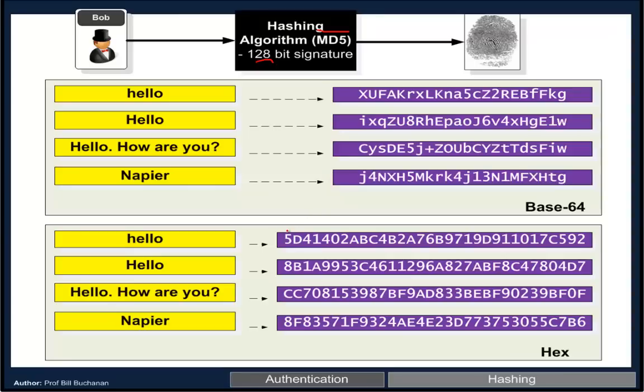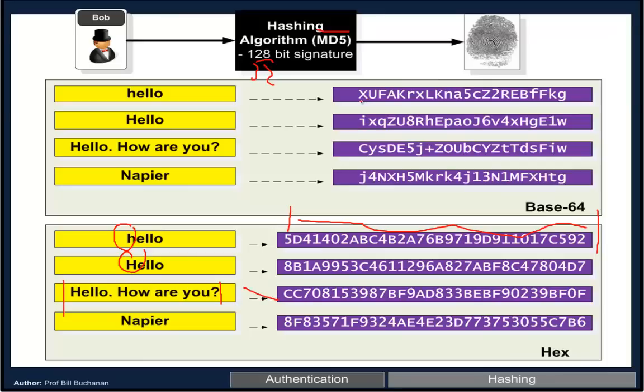In hexadecimal, each character is 4 bits, so we have 32 characters defining our hexadecimal base MD5 signature. We can see if we change just one letter, then it completely changes the hash signature, and it doesn't matter the length of the data, we always produce the same size of signature.